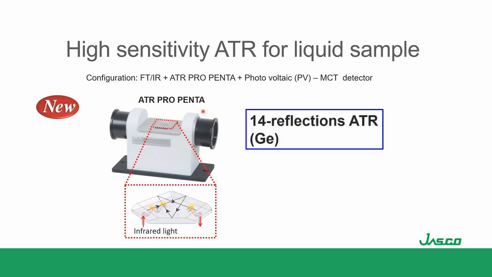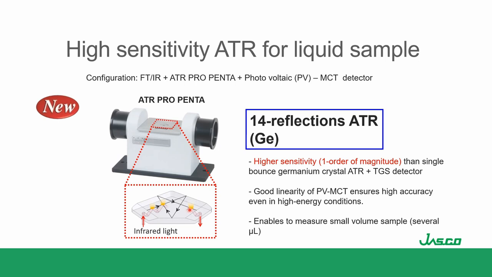The Pro Penta has a pentagon shape, and it has 14 different bounces. So it's a multi-bounce ATR crystal that is going to increase the signal. And here you can see the points where the IR signal is in contact with the sample.